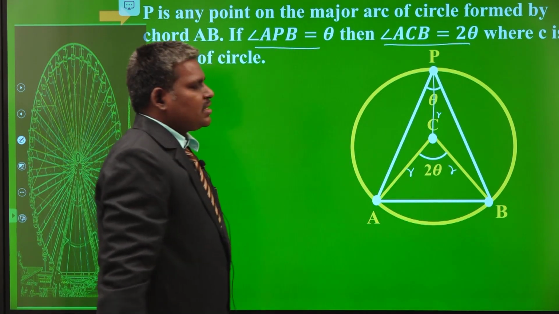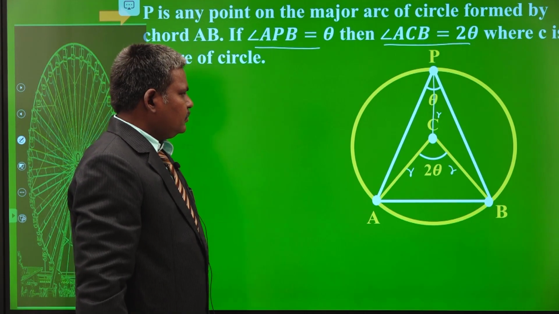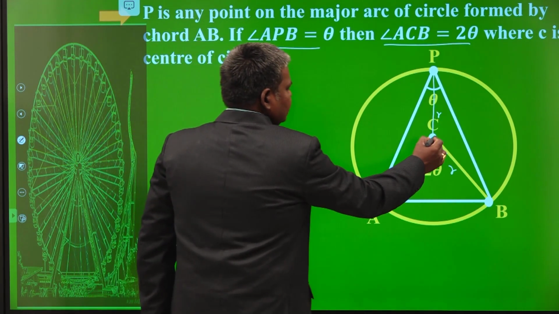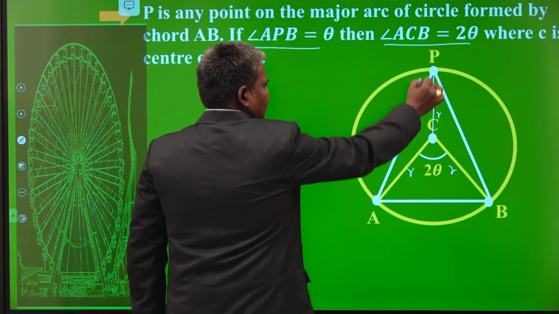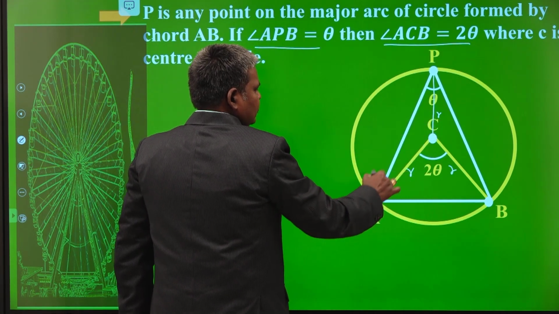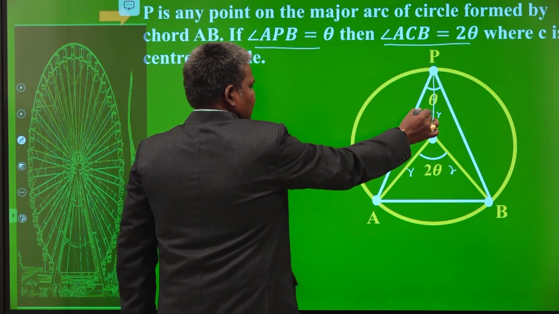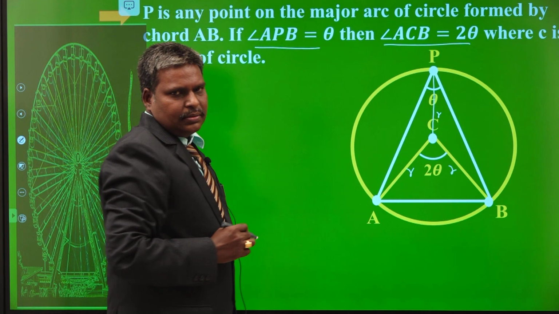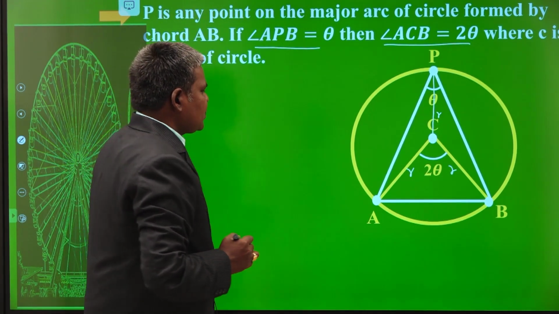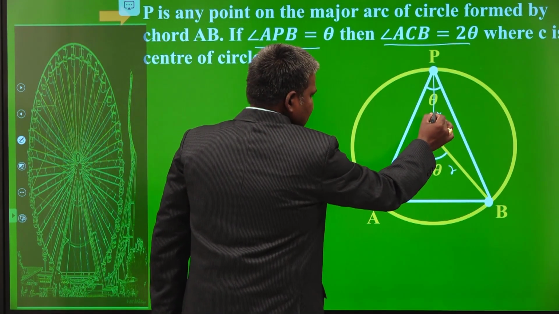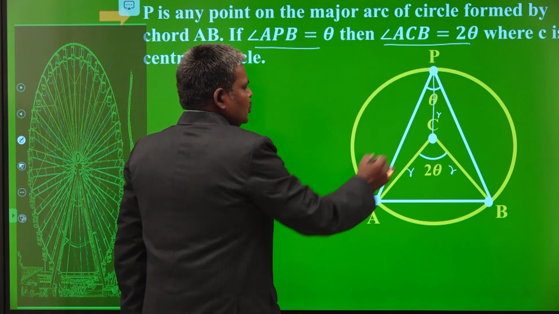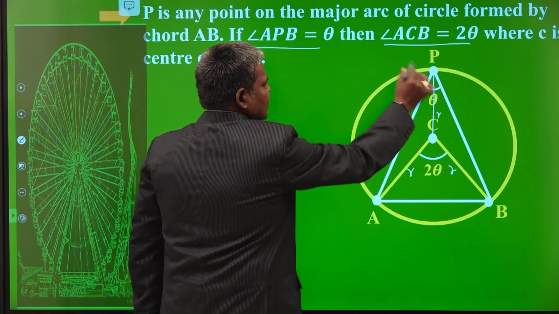This is also a radius of the circle. Now consider this triangle CAP. My question is, is it an isosceles triangle or not? Yes, this is an isosceles triangle because this is R, this is also R. So this triangle is an isosceles triangle.